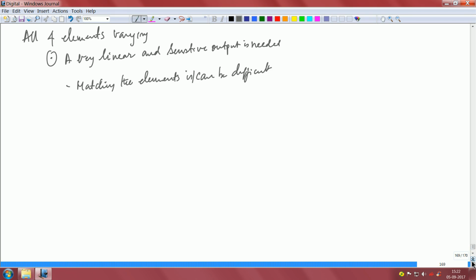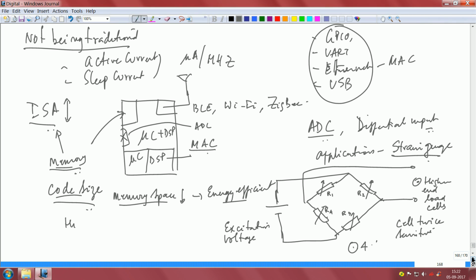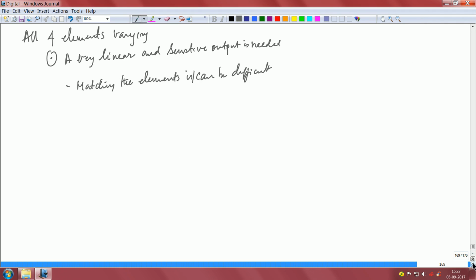Okay, but if it is indeed a very high end system, you may have to actually make all 4 of them varying elements. And why are we talking this? We are talking this because if you are talking about bridge monitoring, okay, then typically all 4 elements are varying elements.